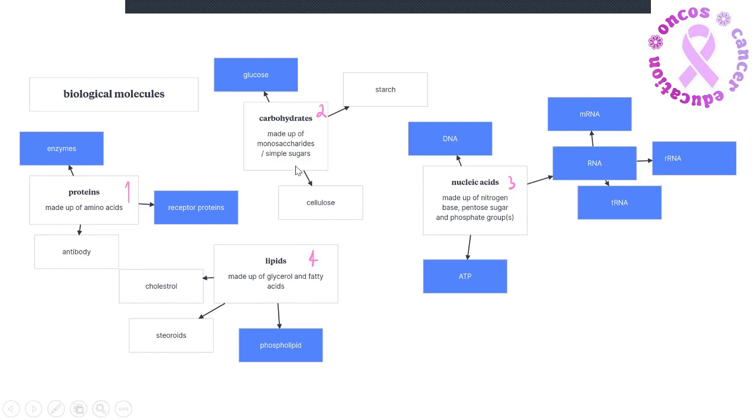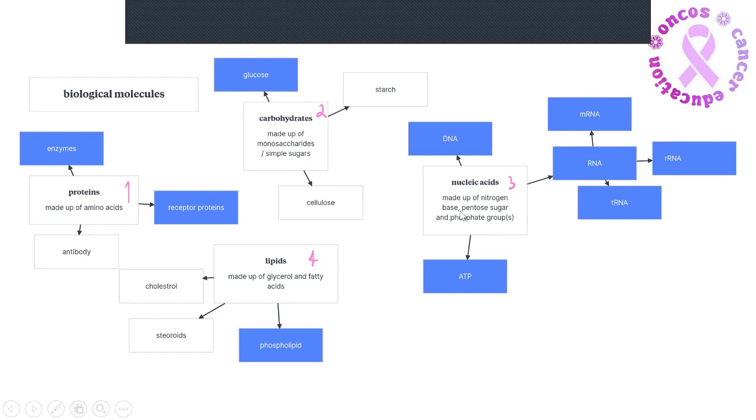For carbohydrates, our main interest is glucose, because glucose is the primary substrate for respiration, meaning it is the primary form by which our body extracts energy.